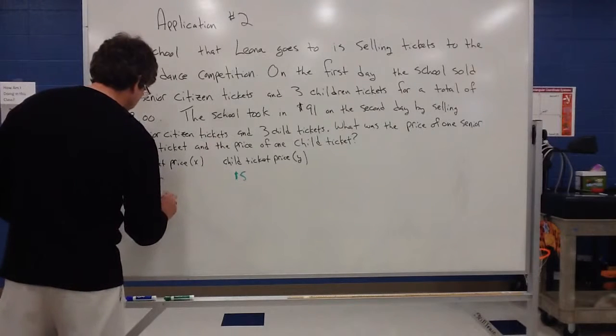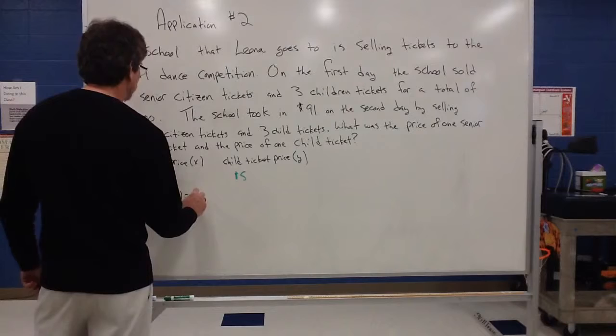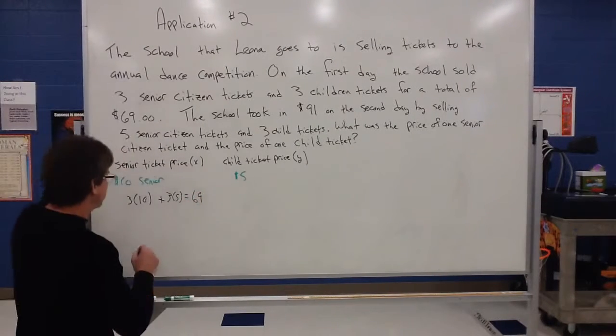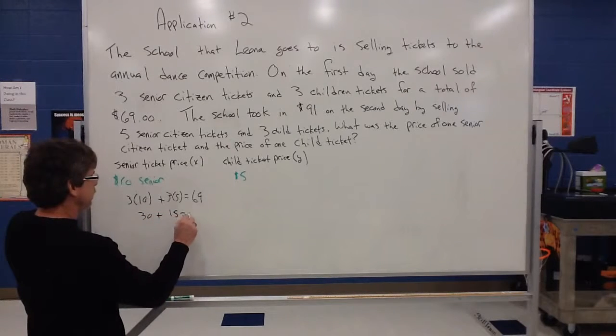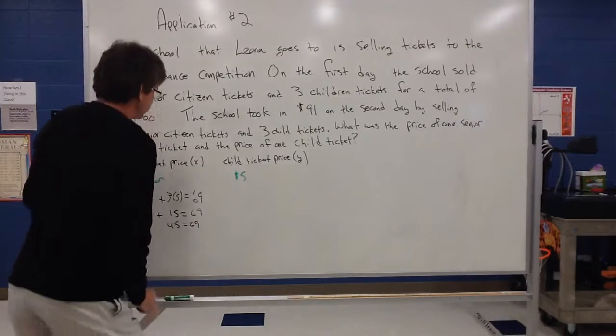Does that equal the $69? Well, I'm picking up that it's not going to equal it. That's 30 plus 15. I'm falling short on it. That's only 45, isn't it? So I may want to up these prices a little bit.